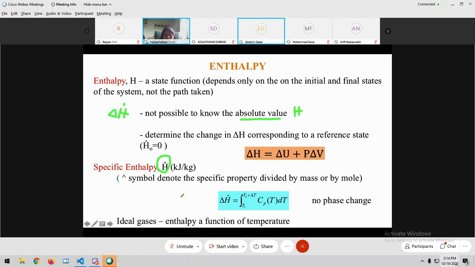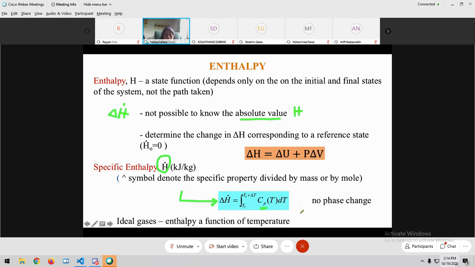So how to get the difference? Normally, you will calculate it using this integration. That will be covered in chapter 8. And this time, if you're calculating delta enthalpy, you'll be using the heat capacity at constant pressure. So again, there is no phase change. This integration is only valid when there is no phase change.